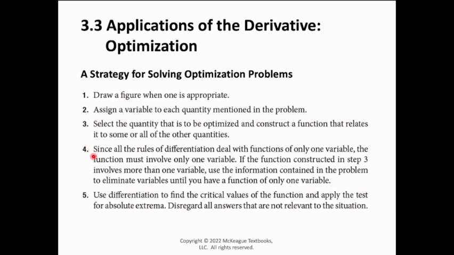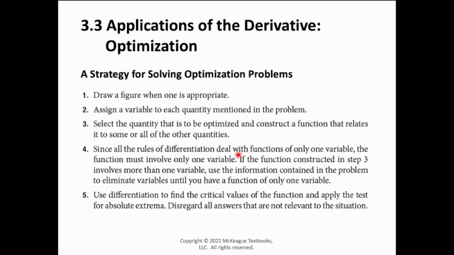In step four, it says, since all the rules of differentiation deal with functions of only one variable, the function must involve only one variable. So if you have more than one variable in your equation that you're setting up, before you take the derivative, you want to make sure that you use any substitutions so that everything is in terms of one variable.